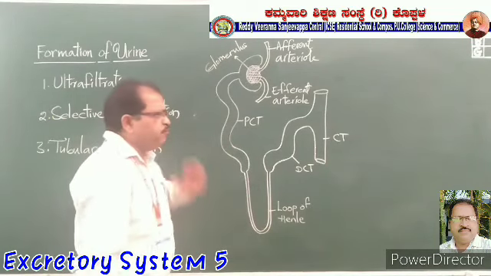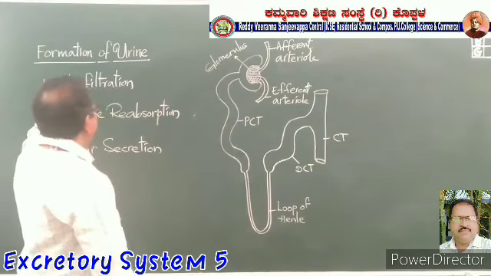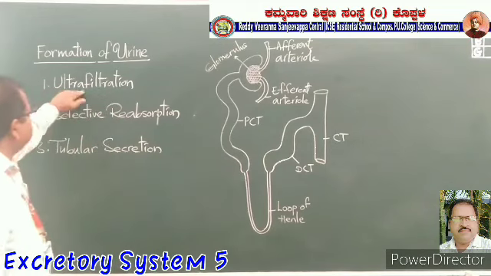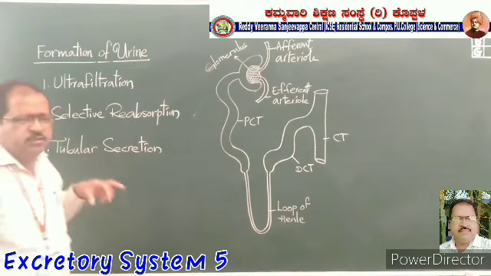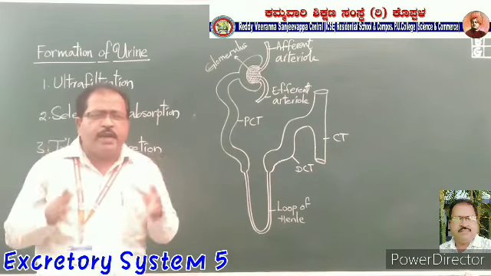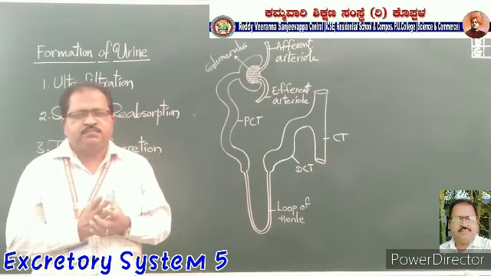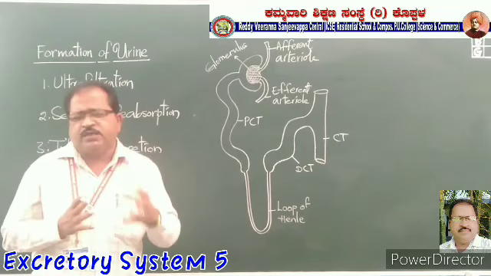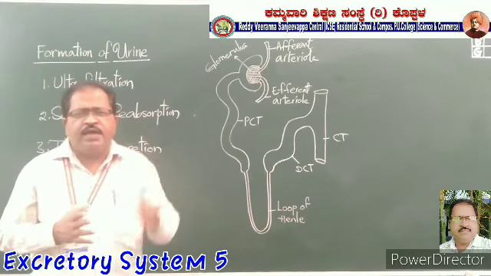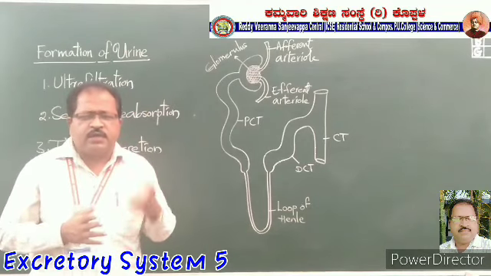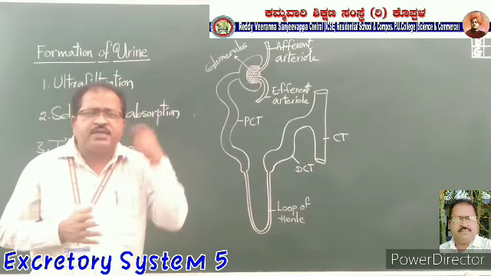So let us see the first stage of the formation of urine, that is ultrafiltration. It's a process where the total blood is filtered completely with a high pressure, that is called hydrostatic pressure.